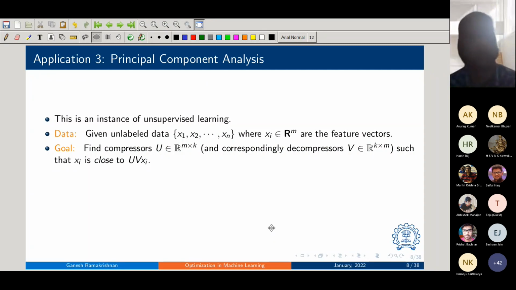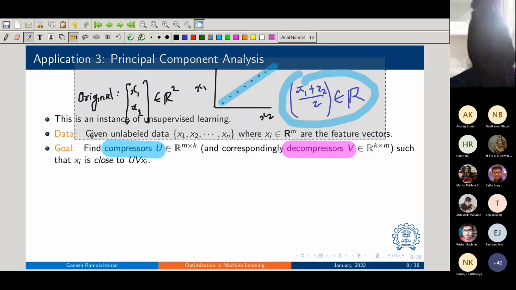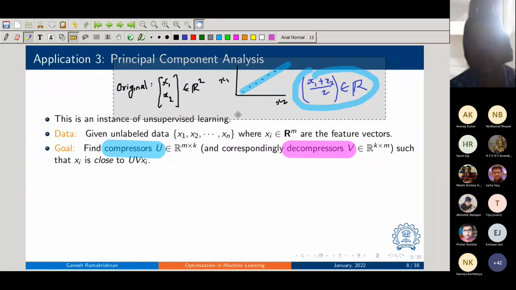So here we have given some specific names. The compressors, let's actually denote them in blue, and decompressors will denote them in pink. And with respect to the same example, let me show the same example here. Let me compress this image a bit.